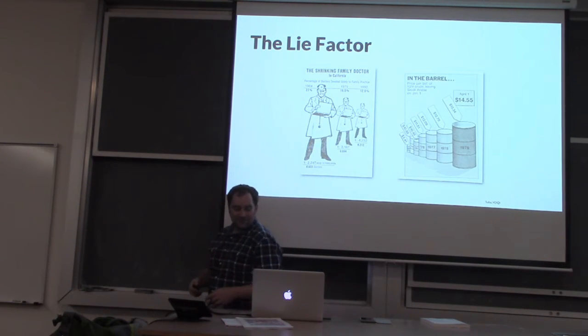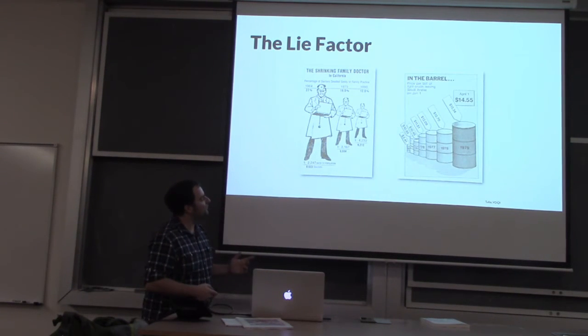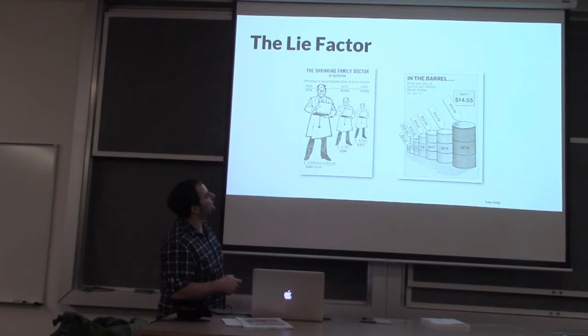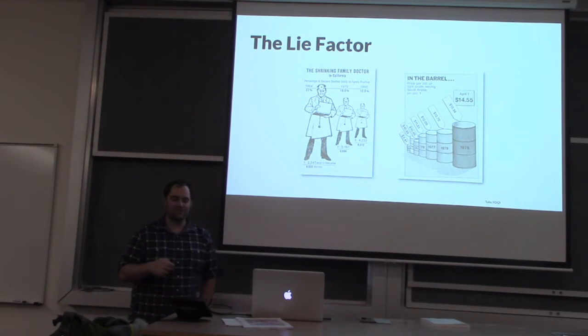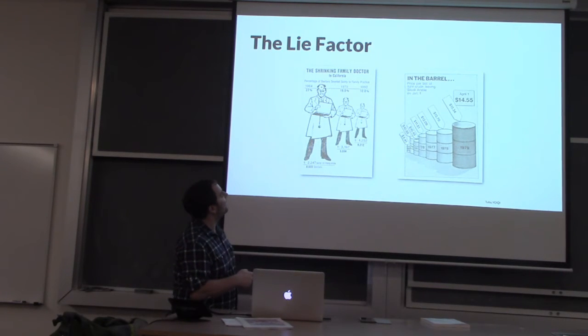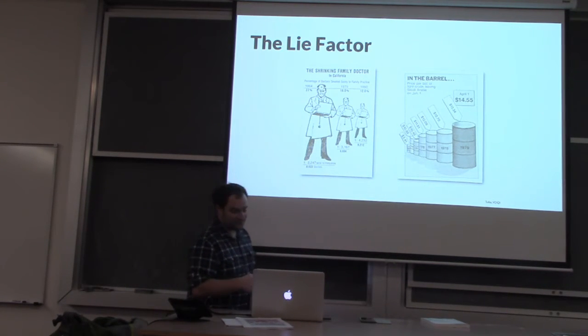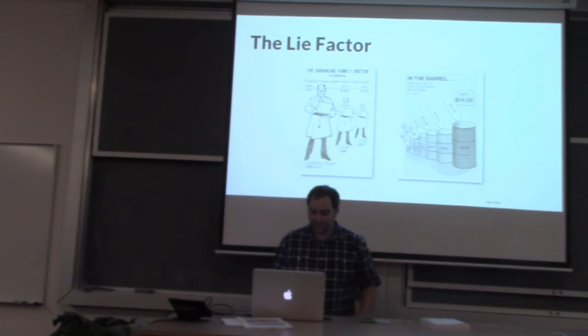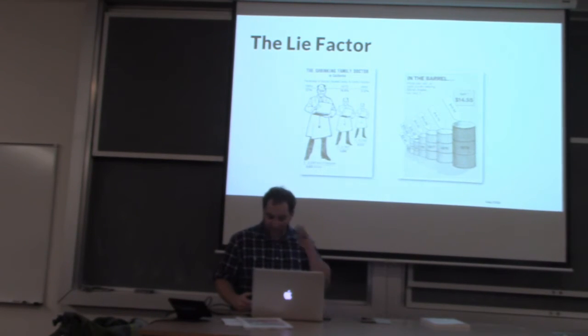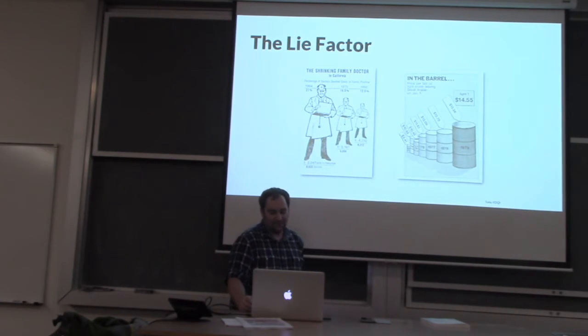Another example from Tufte's book is again this problem of area versus height. We have the shrinking family doctor in California, where the percentage of doctors devoted solely to family practice is 27% in 1964 and 12% in 1990.